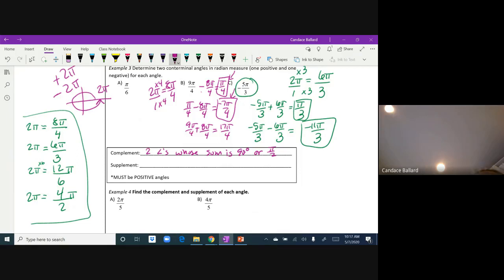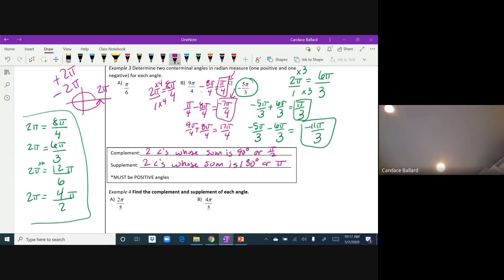And then that was the complement. I think I may have said supplement. Supplement is two angles whose sum is 180 degrees, or in our case, pi. And one thing we have to note is the angles have to be positive in order for this to work.